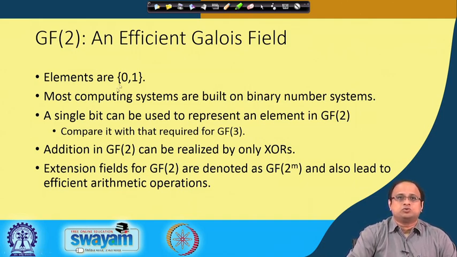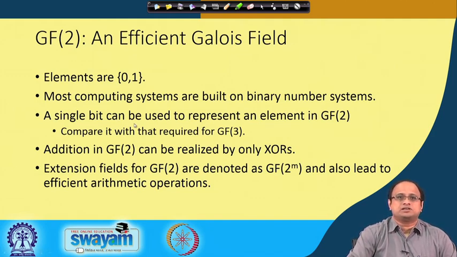In GF2, which is essentially the smallest field in the 0 1 domain, the elements are only 0 and 1. It gives rise to very compact systems because most computing systems are built on binary number systems. So, it is very suited for our computing platforms.